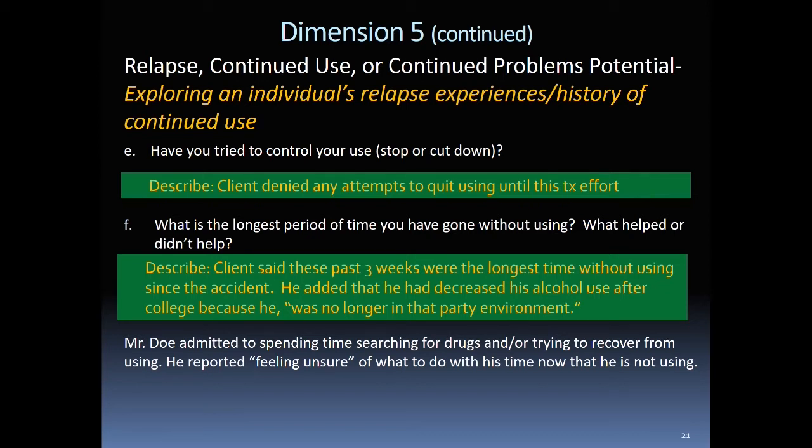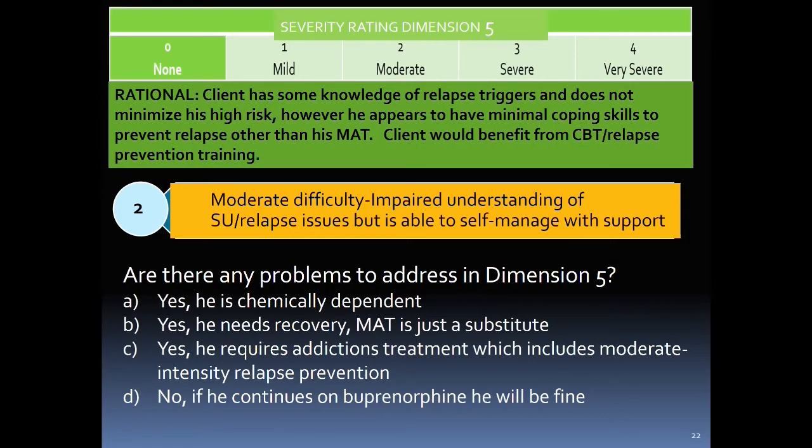In the summary at the bottom, Mr. Doe admitted to spending time searching for drugs and or trying to recover from using. He reported feeling unsure of what to do with his time now that he is not using. As we move into the severity rating for Dimension 5, it says the client has some knowledge of relapse triggers and does not minimize his high risk.